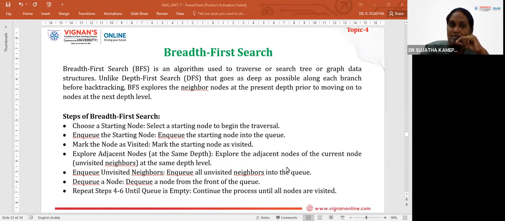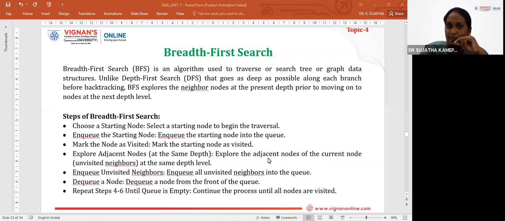Right. So coming to breadth first search, it is an algorithm used to traverse or search a tree or a graph data structure. We already saw that in the case of depth first search, the search goes as deep as possible along each branch before backtracking.